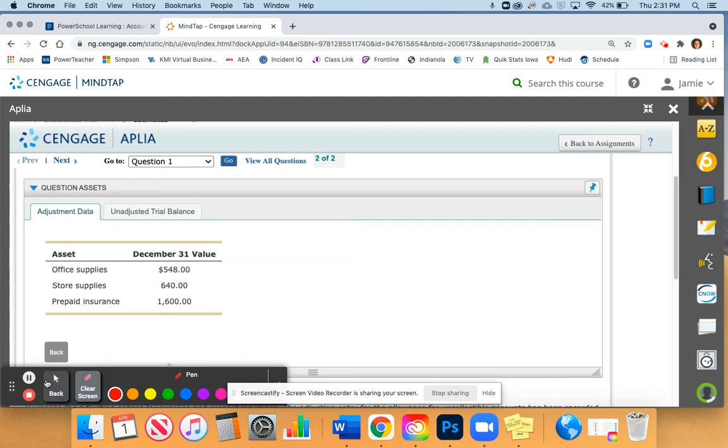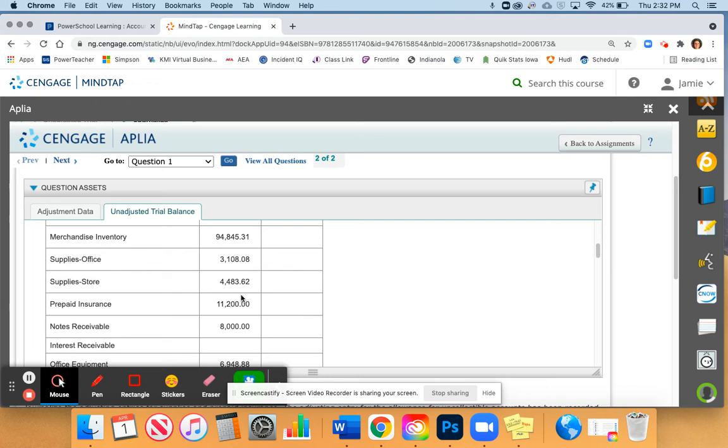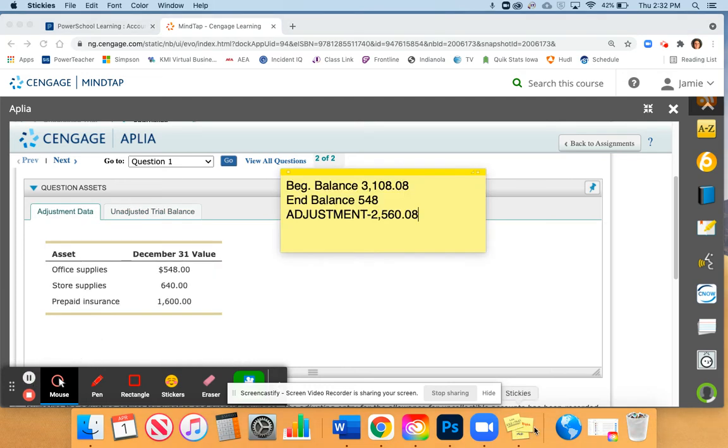So instead, we need to figure out what our beginning balance is, and that will come from the unadjusted trial balance. So supplies-office, our beginning balance was $3,108.08. So our beginning balance from the unadjusted trial balance, $3,108.08.